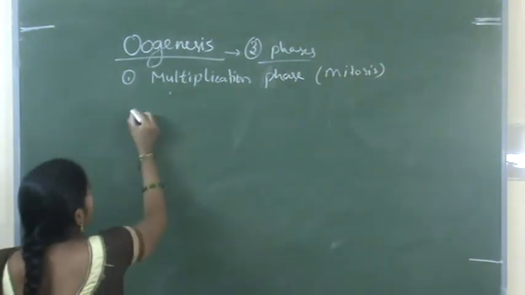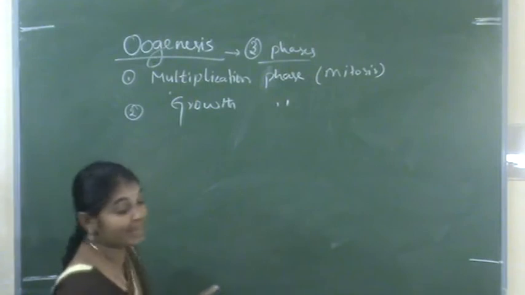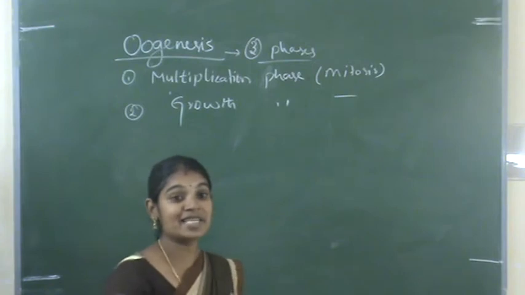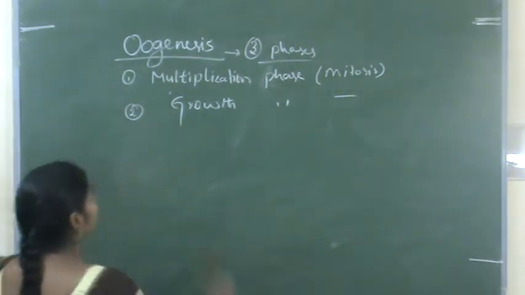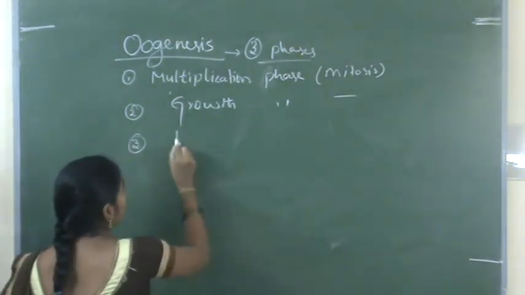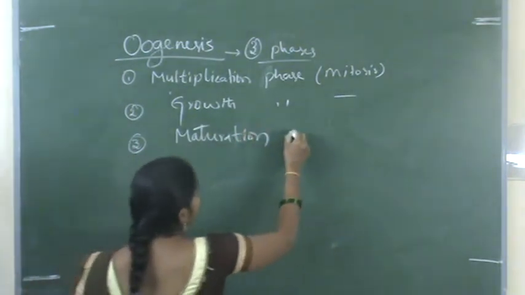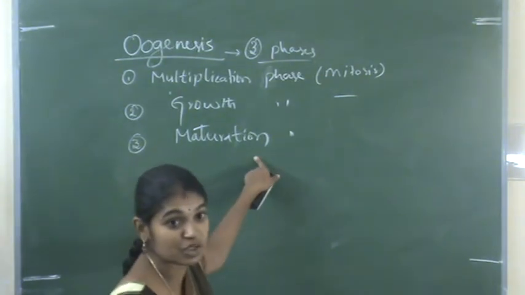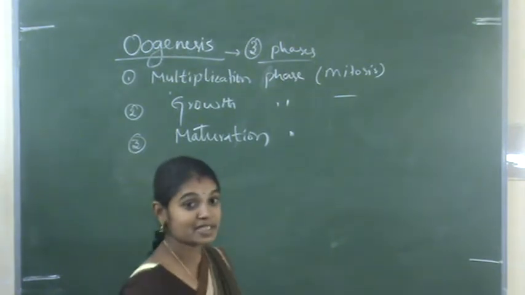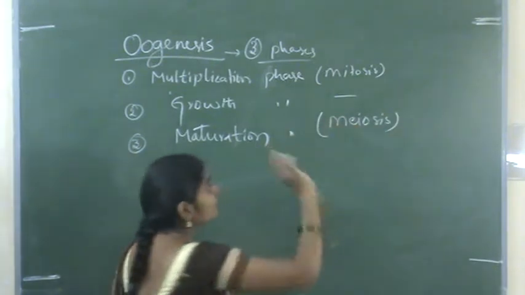And then the second phase is the growth phase. No cell division takes place, only the size of the cell increases. Then the third phase is known as the maturation phase. During this maturation phase, meiotic cell division takes place.